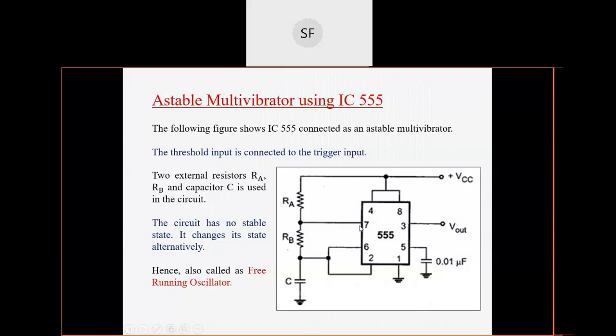So the first difference is that the resistor RB is connected between pin number 6 and 7. The second difference is the trigger input, that is pin number 2, which is joined together with pin number 6, or you can say pin number 6 and pin number 2 are short circuited. So these are the two important differences between the monostable and astable circuit diagrams.